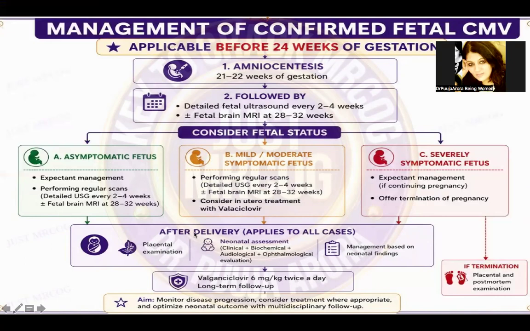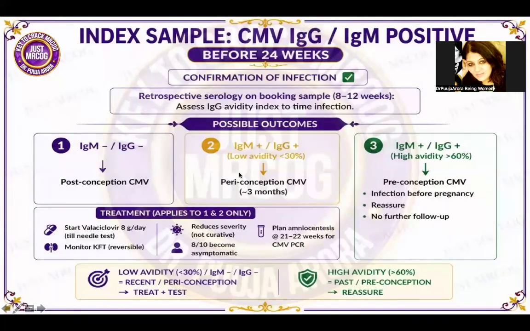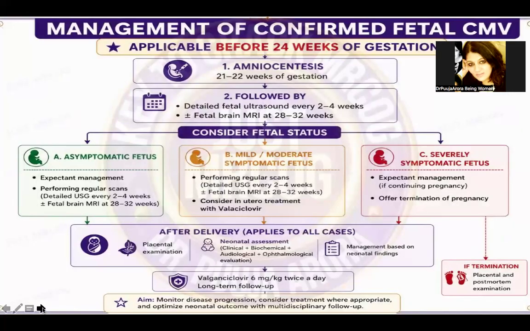So now what we do after delivery applies to all cases as we have discussed, even if it is asymptomatic, mild, moderate, or even if it is negative amniocentesis, but CMV was there. So even if it is negative amniocentesis, the after delivery neonatal assessment is very, very important.